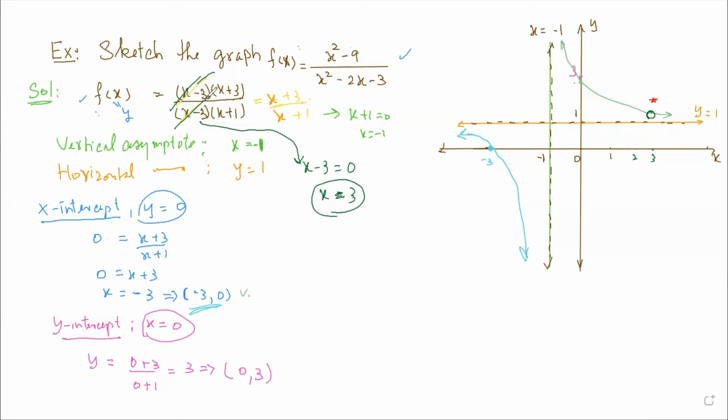Any value that you cancel out, when you plot the graph, if the graph passes through that point, like this one, it has to be an open dot. That means this graph is going to be a discontinuous function. Okay, you will learn about limits later in calculus. So I think that's all I want to say, because this part is additional.